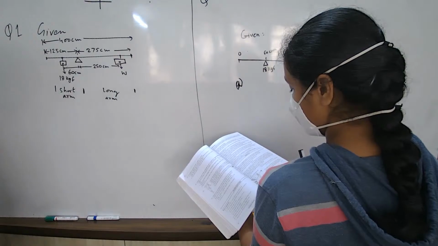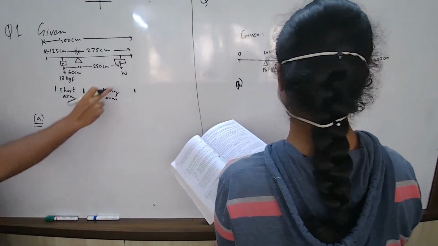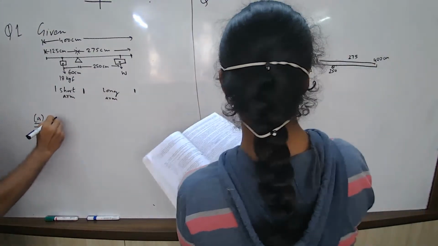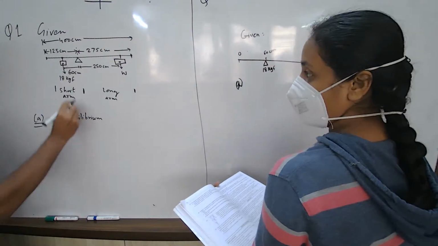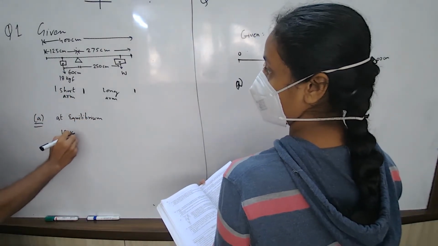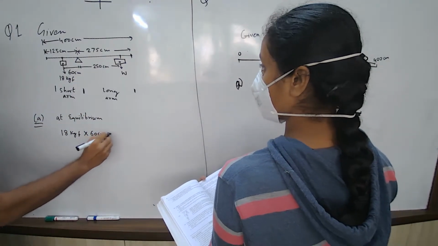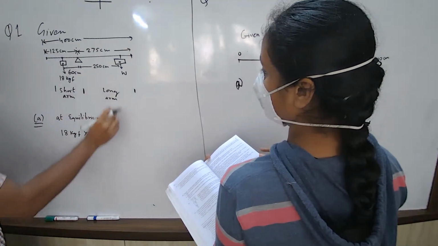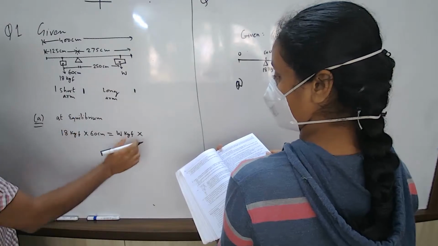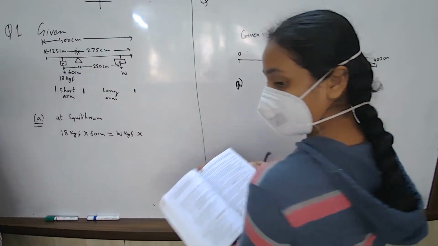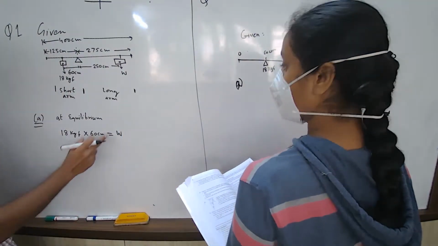तो अभी क्या करना है? A. At equilibrium क्या होना चाहिए? 18 kgf into 60 should be equal to W kgf into 250. Since it is unknown, we don't write the unit for the one which we are calculating.